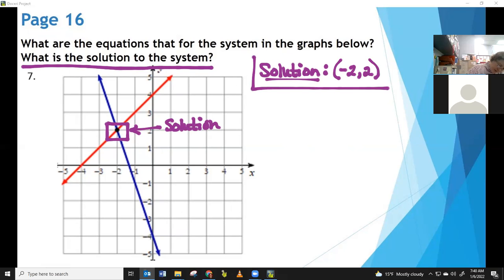Okay. To write the equations for the graphs, here are the steps that I walk through. First, find the y-intercept, because that'll be your b value.